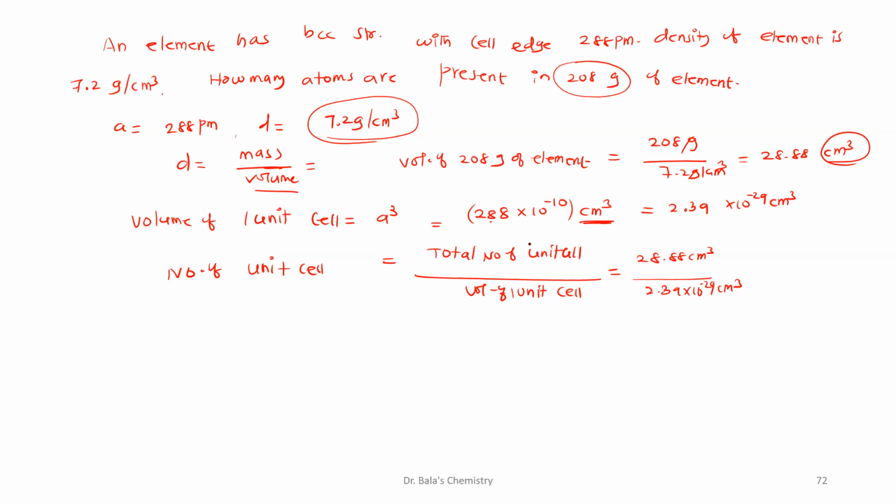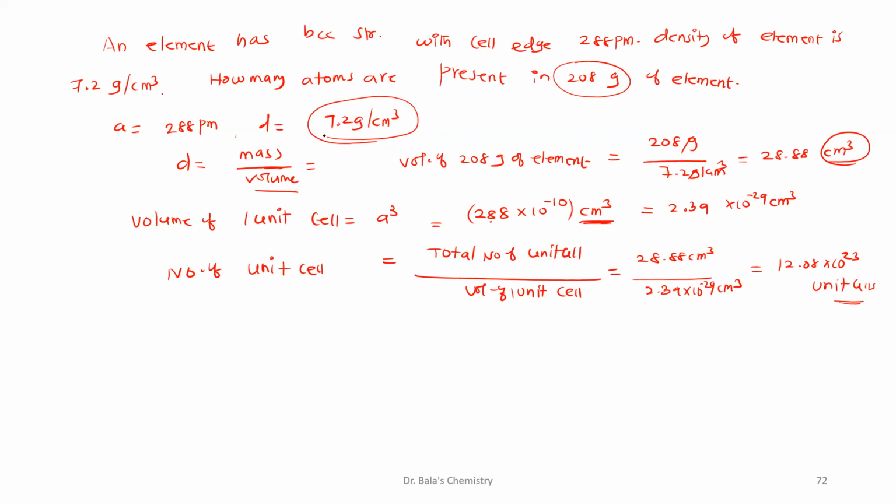Centimeter cube will get cancelled. If you solve this, you will get 12.08 into 10 power minus 23 unit cells. So this much of unit cells are there.